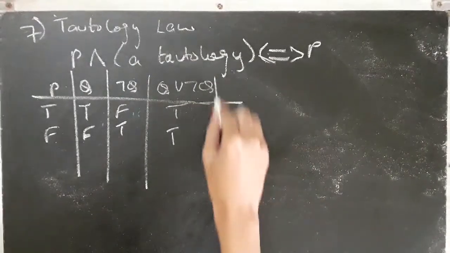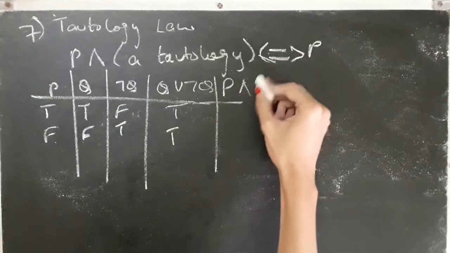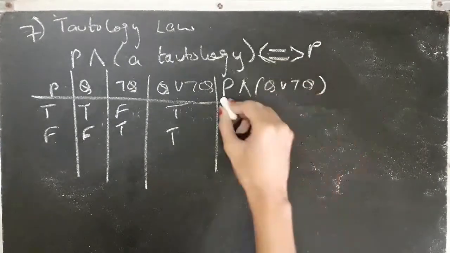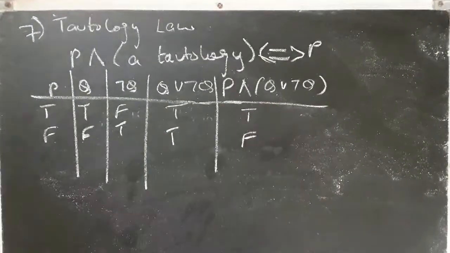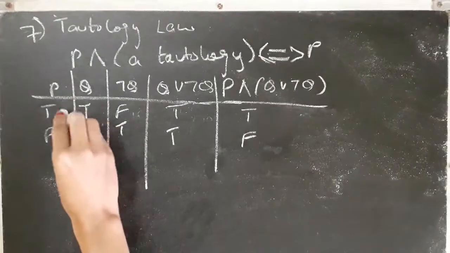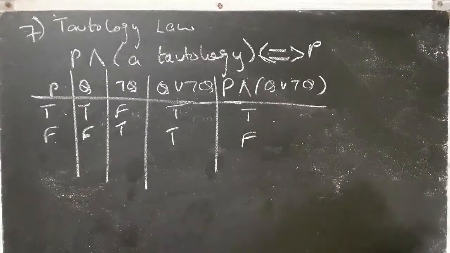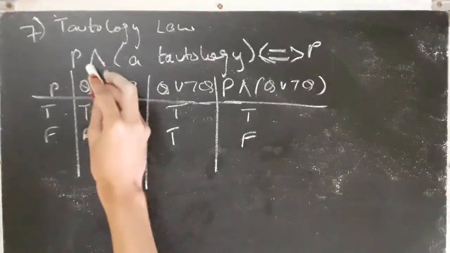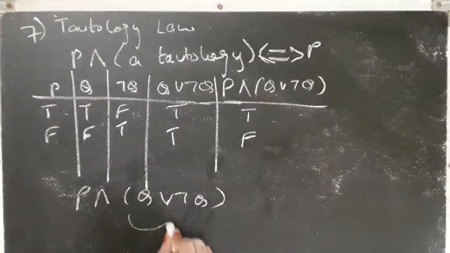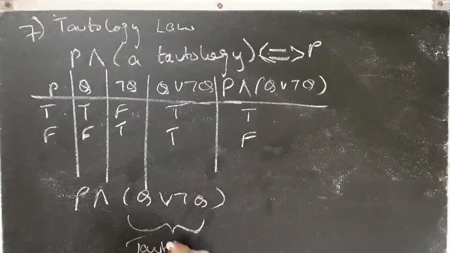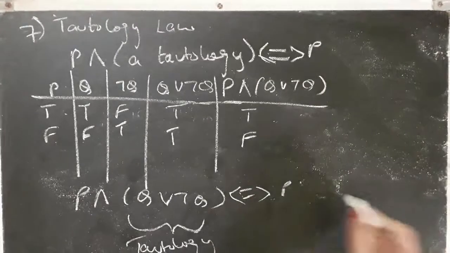Now, what is P and (Q or not Q)? In each case, one of them is true, and the truth values of P and (Q or not Q) are always the same as P, irrespective of the truth value of its components. Thus we can say that P and (Q or not Q), where this is a tautology, is logically equivalent to P itself.